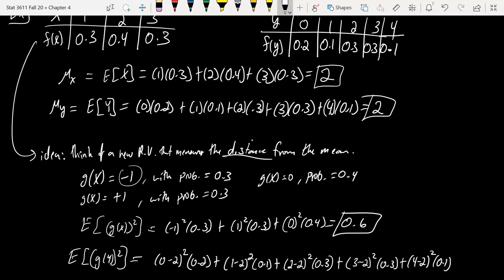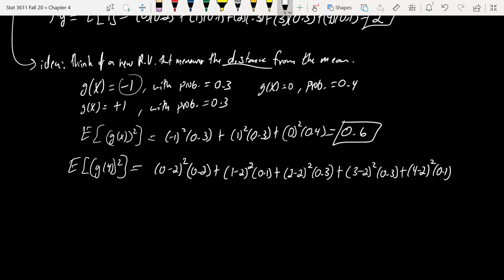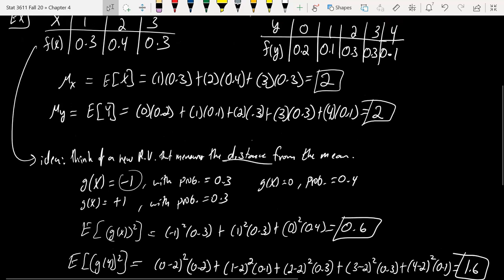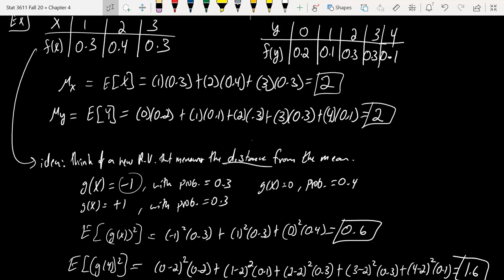That probability is 0.1. Now, you might be thinking, you don't really need to square the positive distances. No, but I do need to be consistent. Either I'm squaring all the distances or I'm not squaring any. I am going to square the distances to make sure that I'm adding them up and I don't have things that cancel out. We can run through this computation and we should get 1.6. So the average squared distance for the random variable y, 1.6, is greater than the 0.6 for the distribution with x, which should make sense.